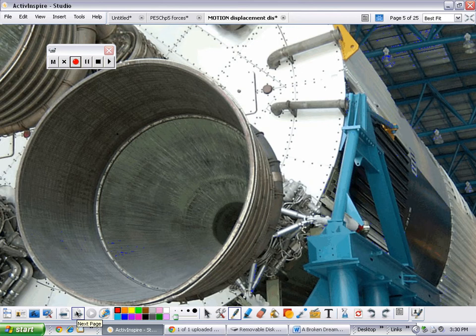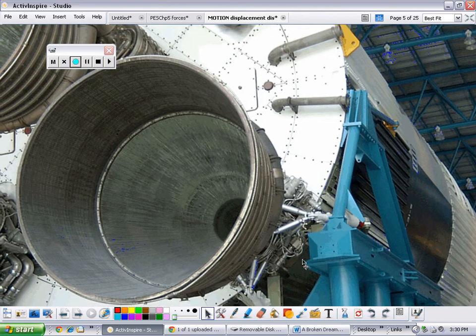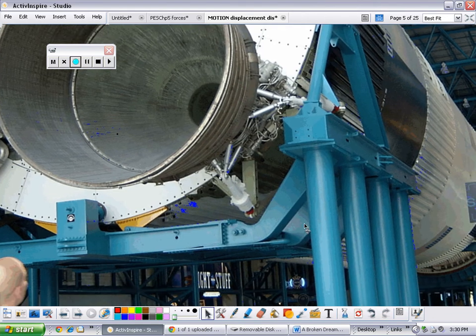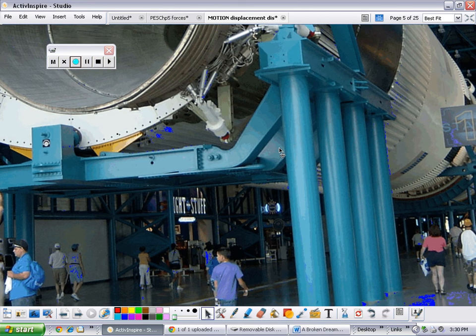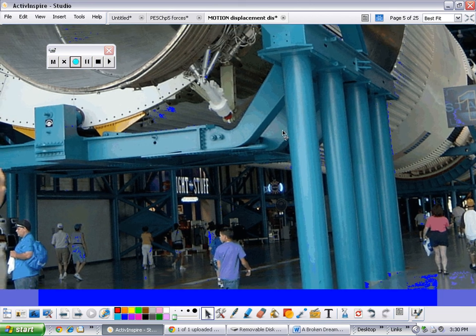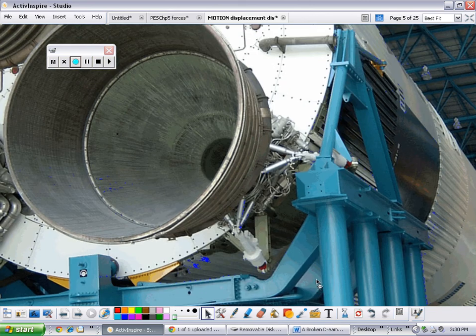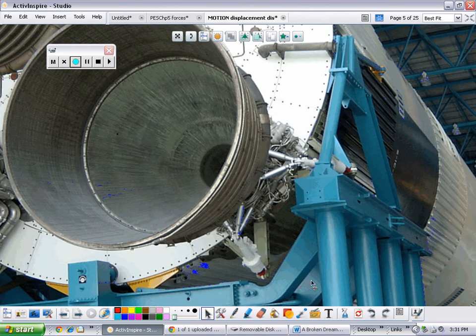Same thing with this. You look at this object and you're thinking just how big that is, and it seems very big in diameter, but unless you have something to compare it to that you are familiar with the size, you're not sure. So if I move this picture up and you look at a person, that gives you a reference point of how big the back part of the shuttle is.